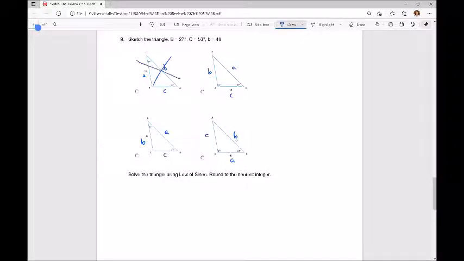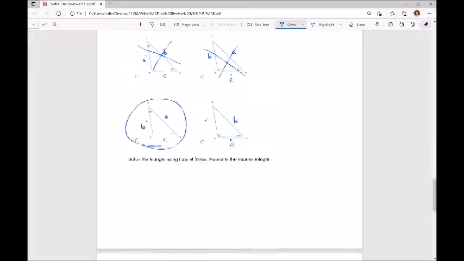So this one, angle B is not 27. So we can knock out that one. Now we want angle C to be 53. So in this one, angle C is not 53, so we can knock that one out. And then finally, I want side B to be 48. So the only one of these two triangles where side B is 48 is this one over here. So that is our triangle.